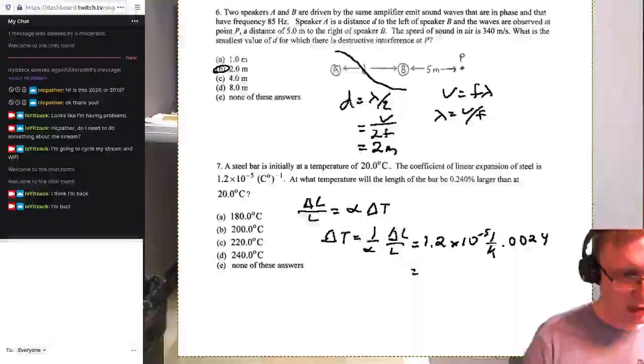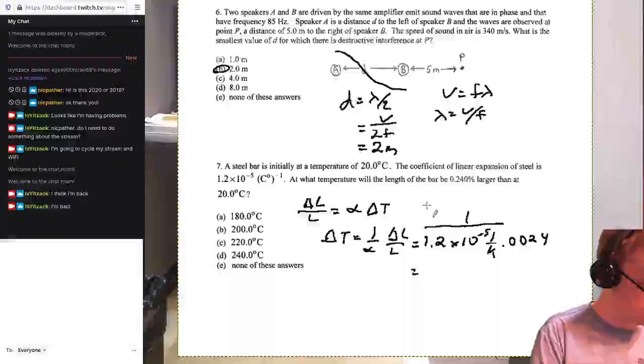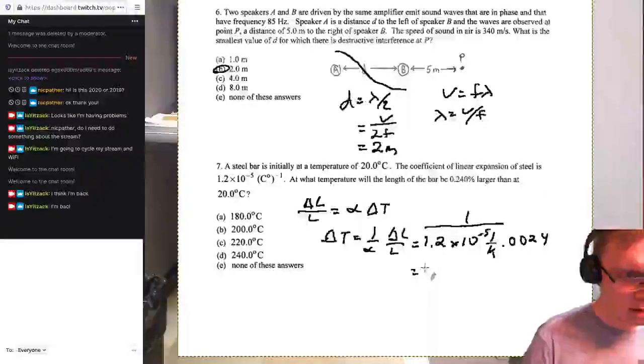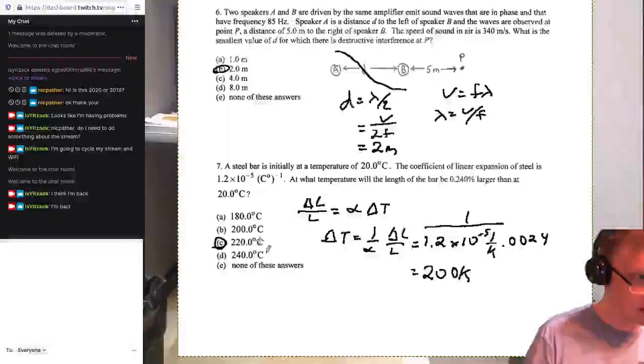That's 200 Kelvin hotter. At what temperature? That means we need to add 200 Kelvin to 20 Celsius, which puts us at 220 Celsius.